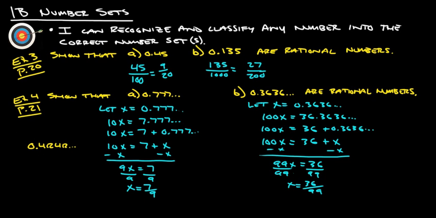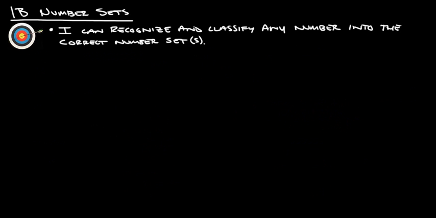There are three repeating digits, so it's going to be 412 over that many 9s. I know that was kind of a weird one, but this is how you show it, and this is our nice little shortcut.